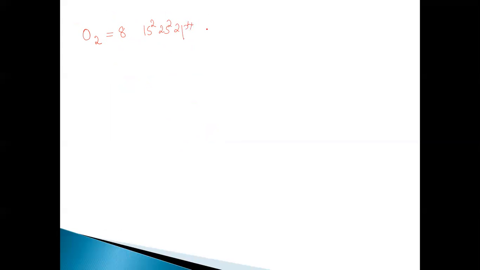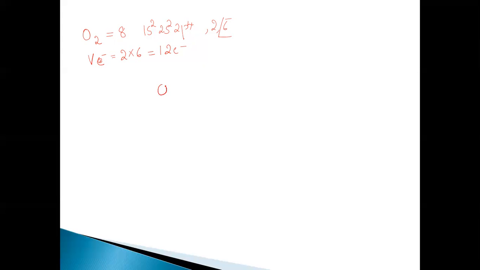So it's 2 and 6, so the valence electronic configuration is 6 here. As there are two oxygen atoms, 2 into 6, the total number of valence electrons is 12 electrons.